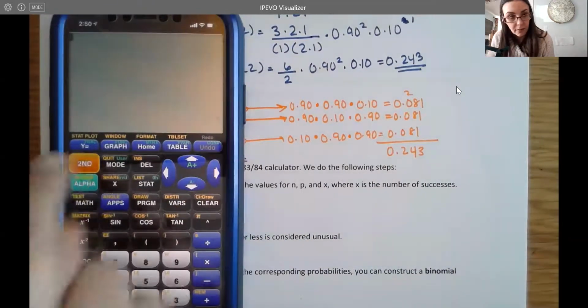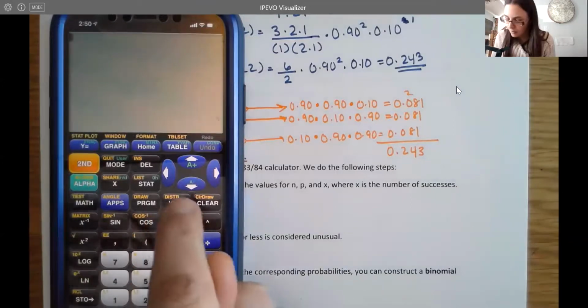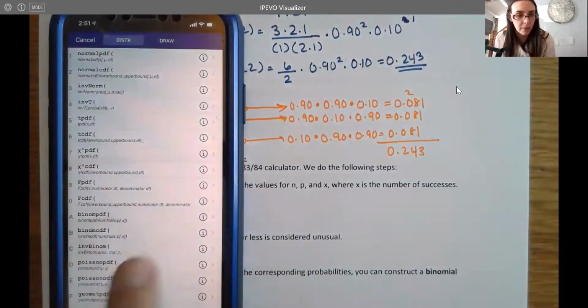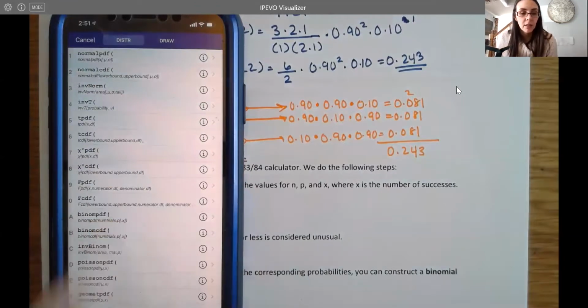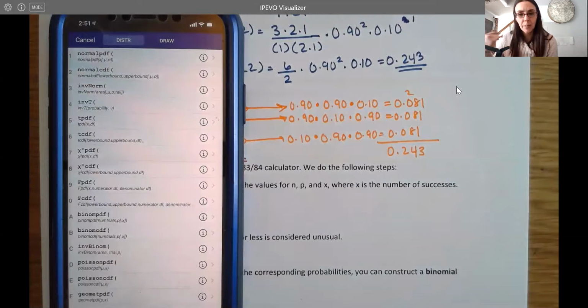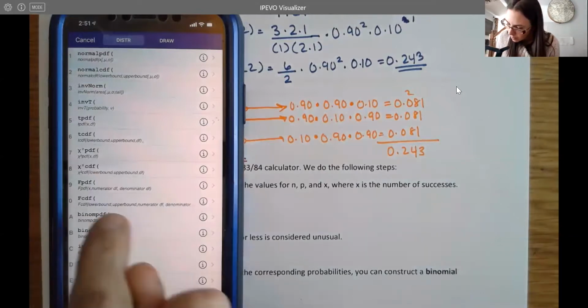So I hit second, and then bars right here. And then if I look down towards the bottom, or middle, you'll see Binompdf. Just be careful. Binomcdf is a different one. C stands for cumulative, so it's like an adding process. So we don't want this one, we want the PDF one.